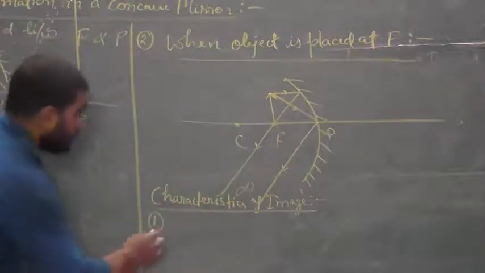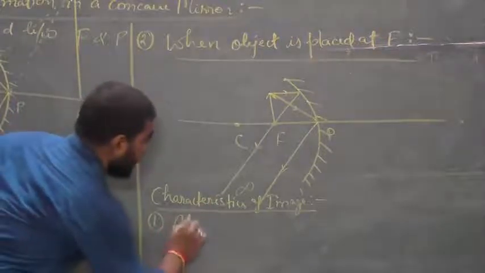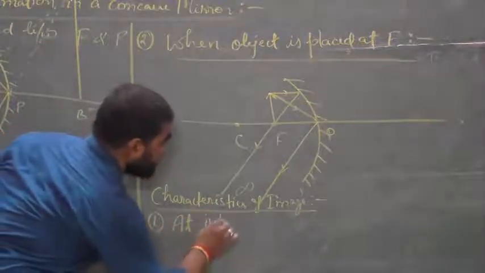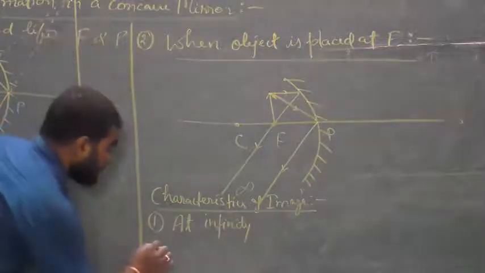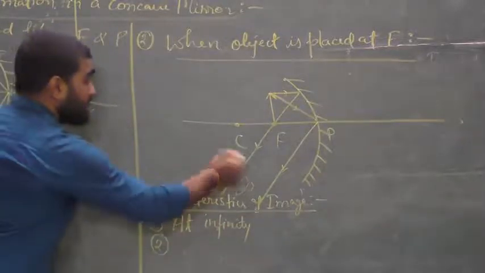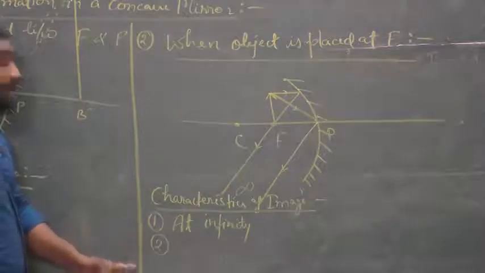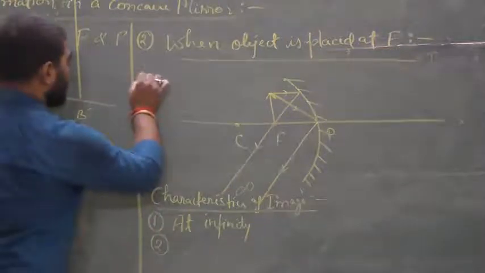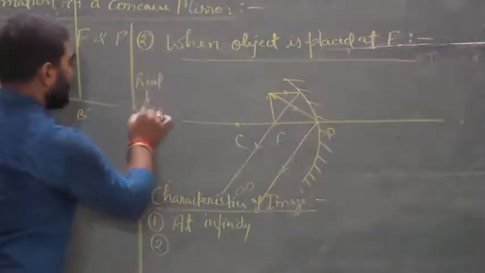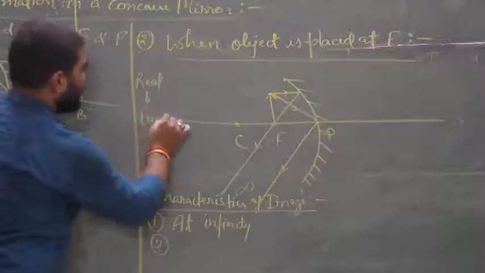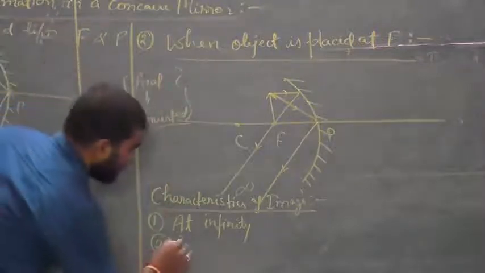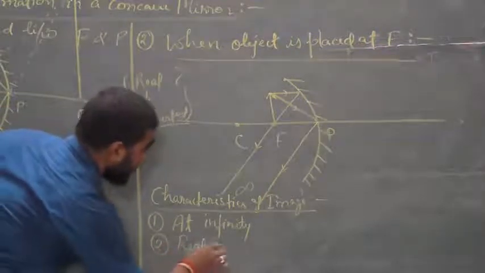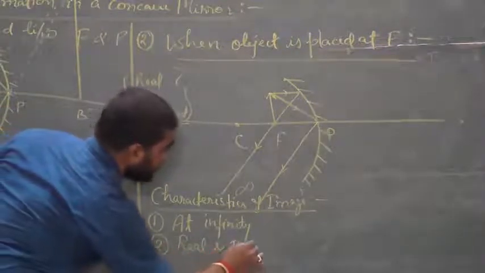In the next case, what is its nature? It is real, and a real image will always be inverted. So you can say here a real and inverted image is forming.